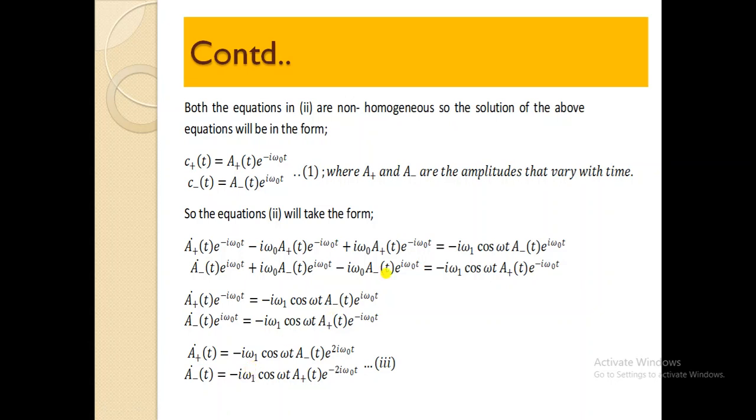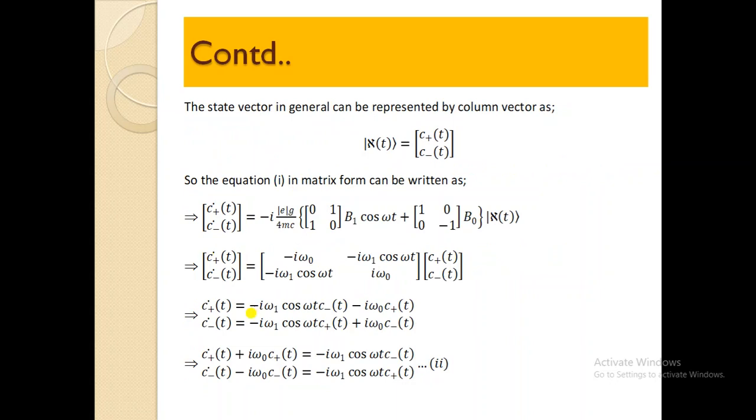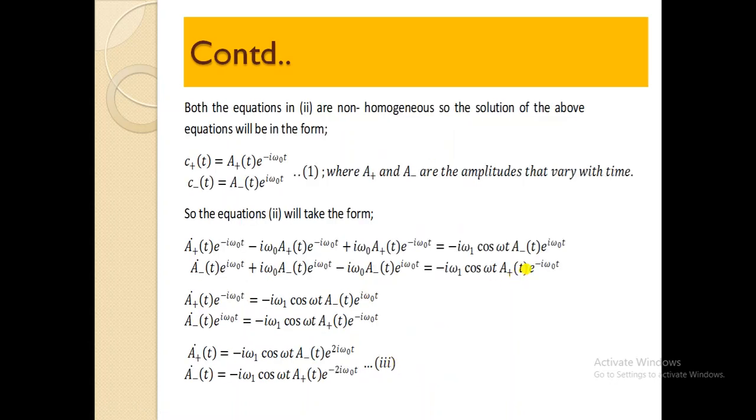So plus I omega naught as it is, in place of c plus t we have put this value, is equal to, and the RHS would be the same, in place of c minus t I have put a minus t e to the power I omega naught t. Everything else is the same, I omega naught minus I omega 1 cos omega t, and in place of c minus t we have put a minus t e to the power I omega naught t. Other things are the same.